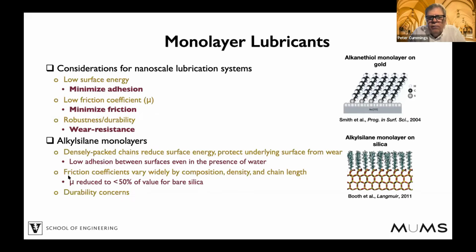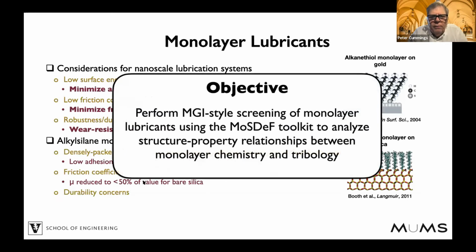This is the coefficient of friction. There are issues about how durable these coatings are, but we're first concerned with finding functionalizations which will give low coefficients of friction. So we want to do MGI style screening of monolayer lubricants using the MoSDeF toolkit.